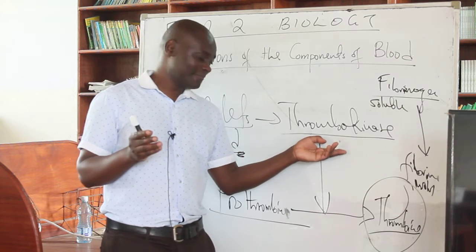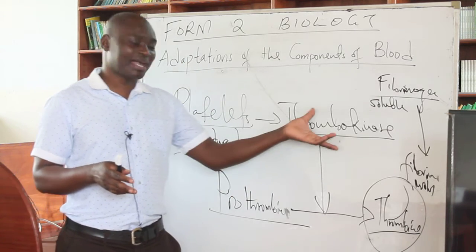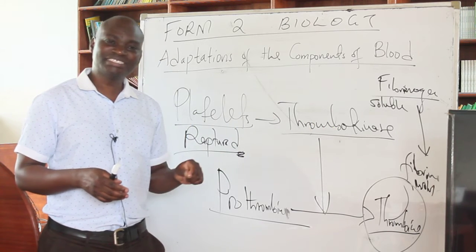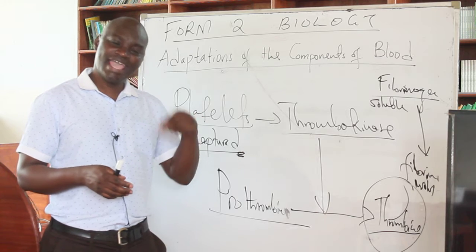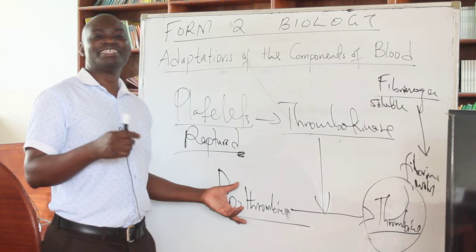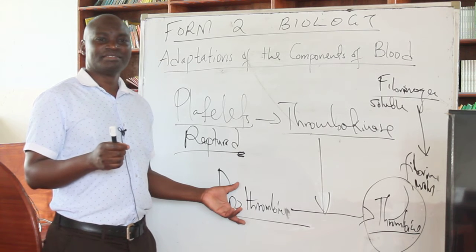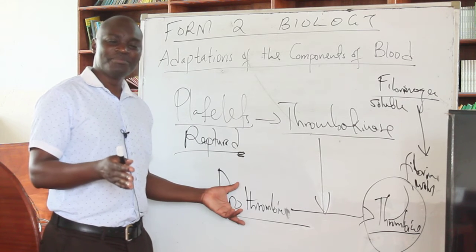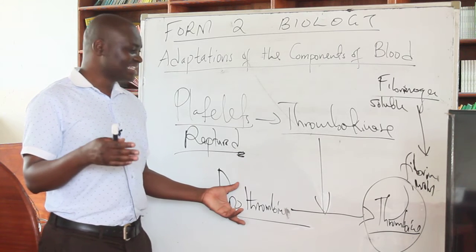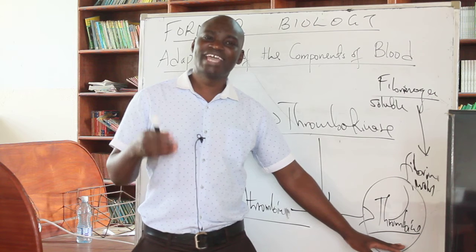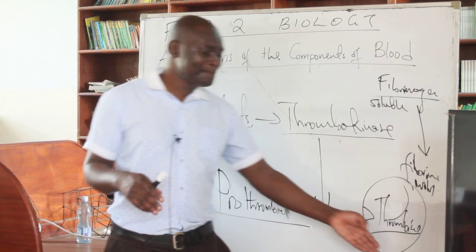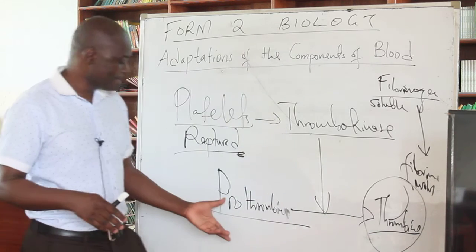Now, the thrombokinase does what? Its work as an enzyme is to activate another enzyme present in the blood, and that enzyme is prothrombin. You have learned about the digestive enzymes like pepsin being released in the form of pepsinogen. In this case, thrombin is the active form of prothrombin. It's like talking of pepsin and pepsinogen.